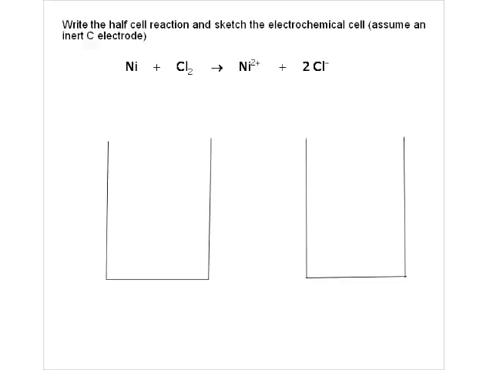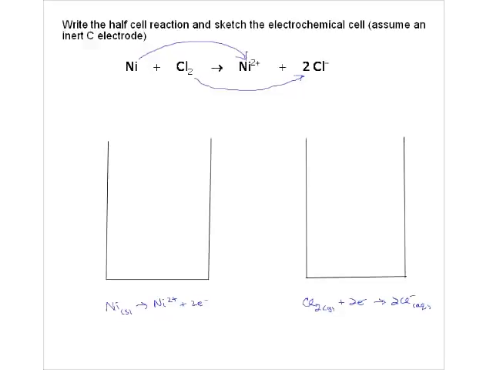Okay, and what we have going on here is we've got nickel solid going to nickel ions. And we know that because that's what's happening right here. And in the other reaction, we're going to have chlorine gas being converted to chlorine ions.